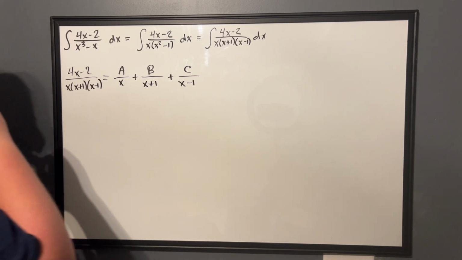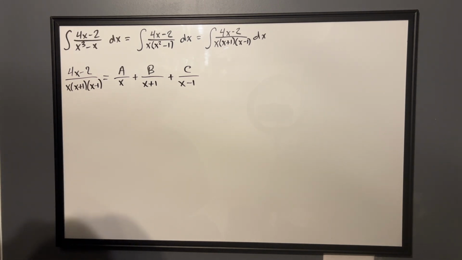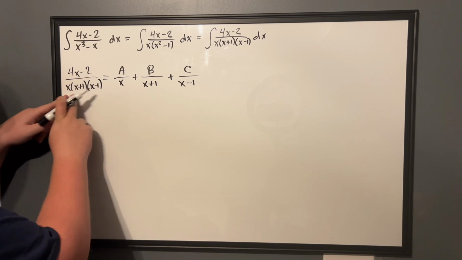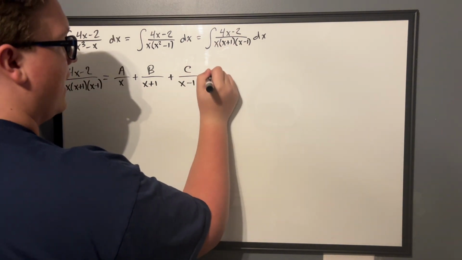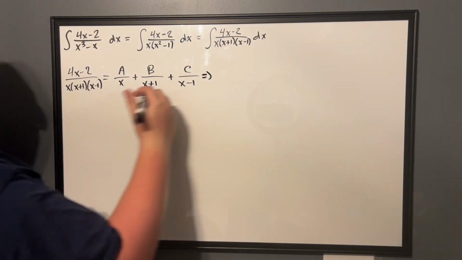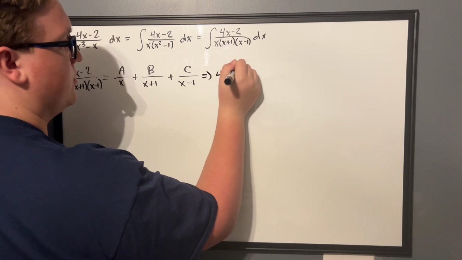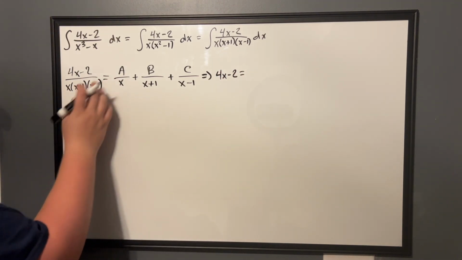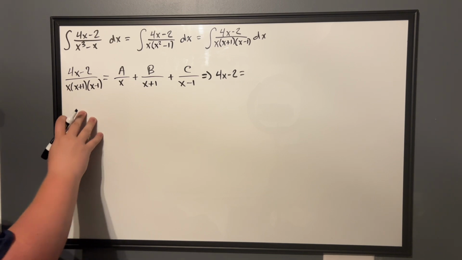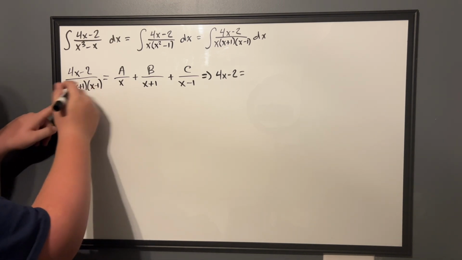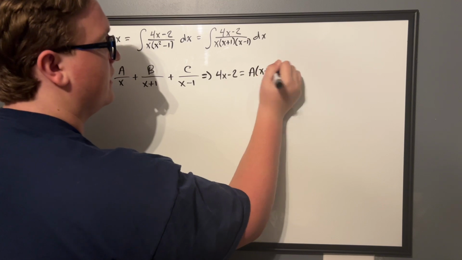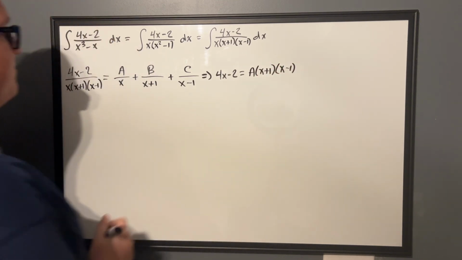To solve for A, B, and C, we're going to multiply both sides of this equation by the denominator. When we do that, we cancel the entire denominator on the left, so we just have 4x minus 2, and that's equal to A over x times this entire denominator. The x's cancel each other out, so we have A times x plus 1 times x minus 1.